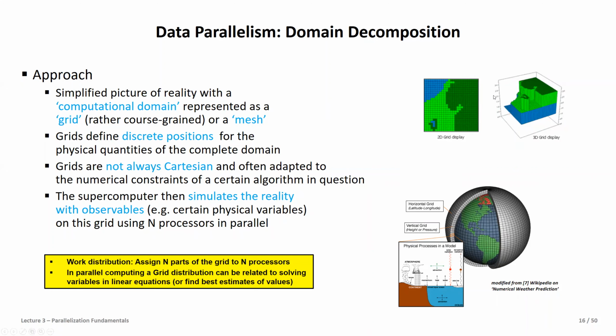But the key message to take away is that all is based on data. So we have to have these discrete definitions based on some data quantities. And it's not always a beautiful Cartesian grid, like this here suggests.